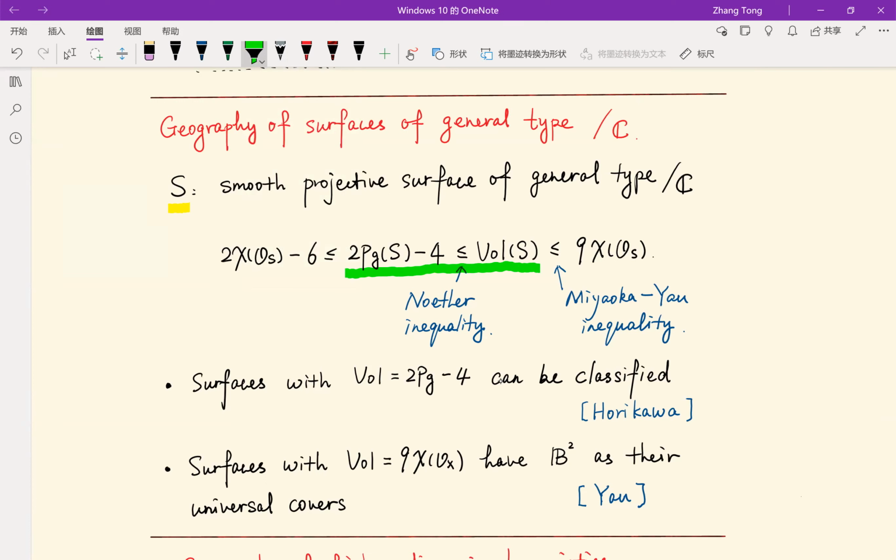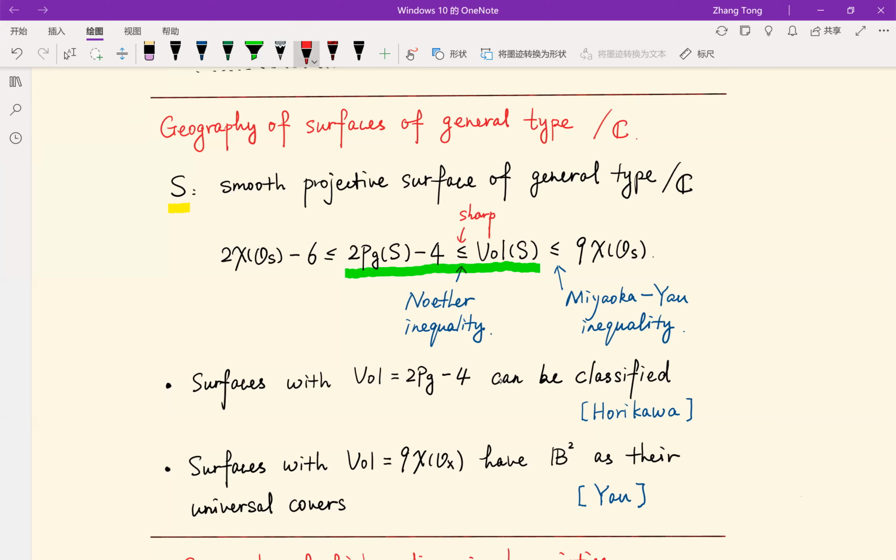This inequality says that you can give a lower bound of the volume in terms of the genus. It reads: the volume is at least twice the geometric genus minus 4. And this inequality is sharp, or optimal. This is a lower bound of the canonical volume of a surface of general type.